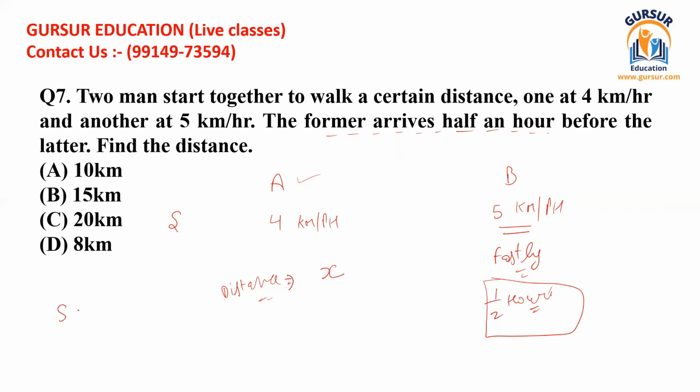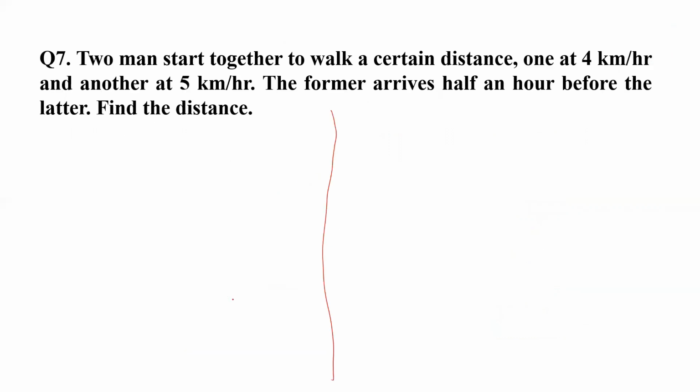You know that the formula for speed is distance divided by time. This is why the formula for time is distance divided by speed. So we have taken distance to be x, and we can find the time taken by A and B. They have covered the same distance, which we assumed to be x.